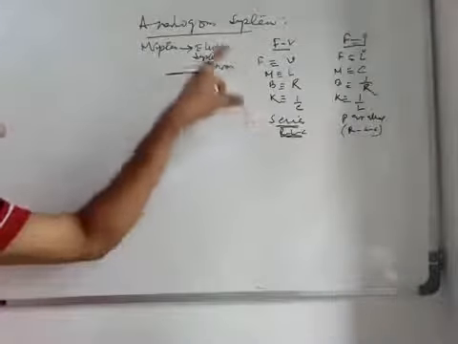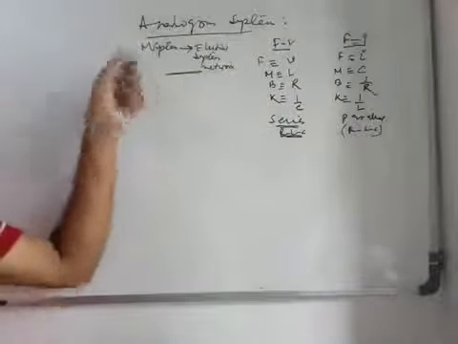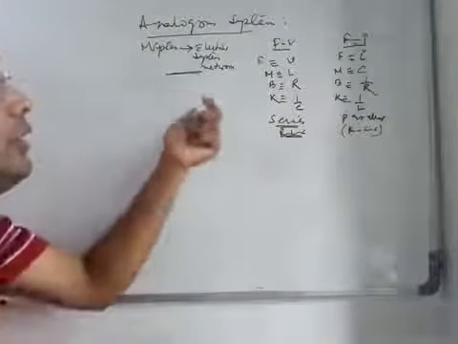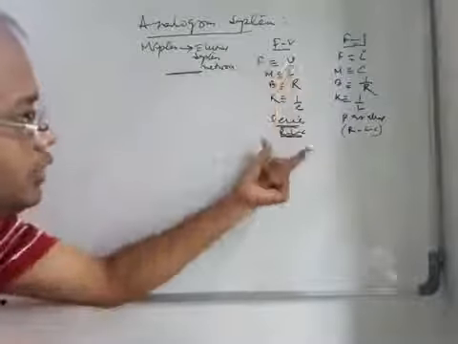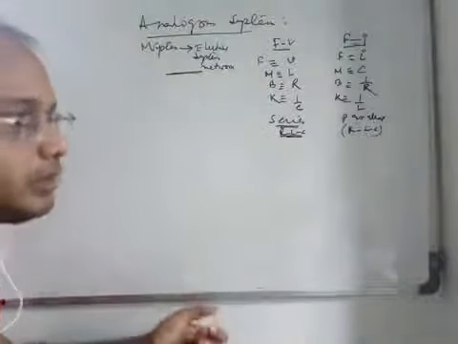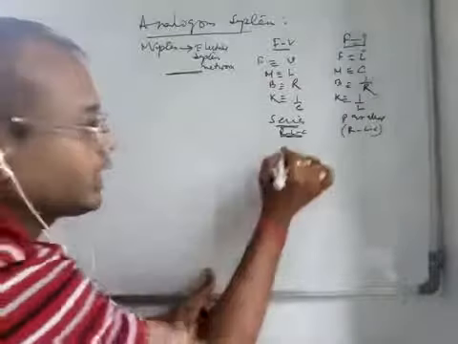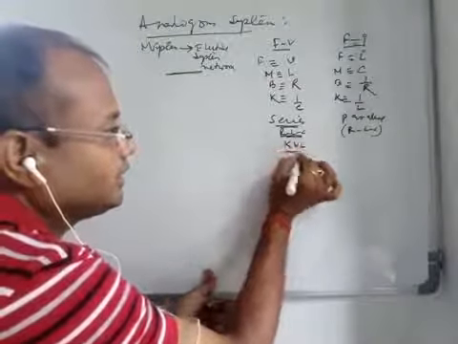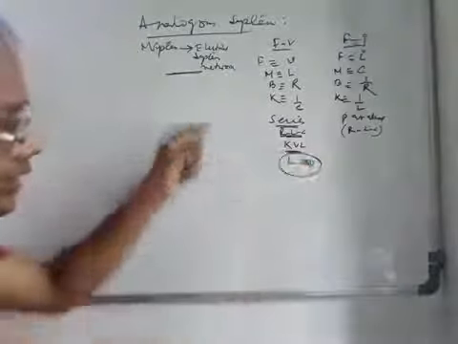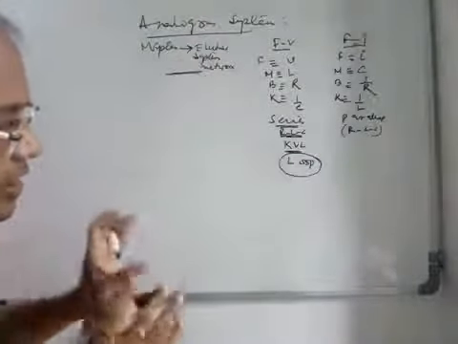In order to draw the corresponding force voltage or force current analogy, we first have to consider whether this will be a series RLC circuit, that means the series combination. Series combination means KVL, that means the concept of loop. Just try to understand what I am telling.